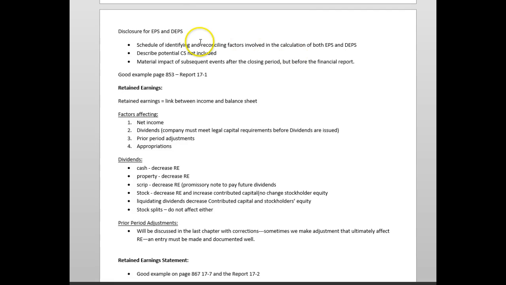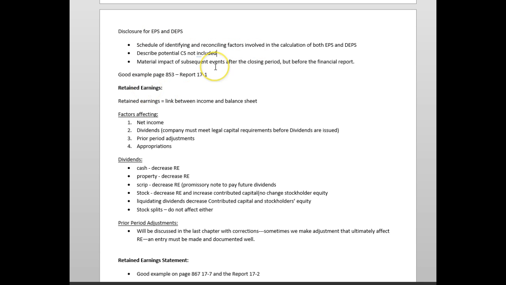We also then need to look at disclosures. You want to provide a schedule for identifying and recording the factors involved in the calculation of both of these. You want to tell people how you got those numbers. We're going to describe what potential common stock was not included and why.